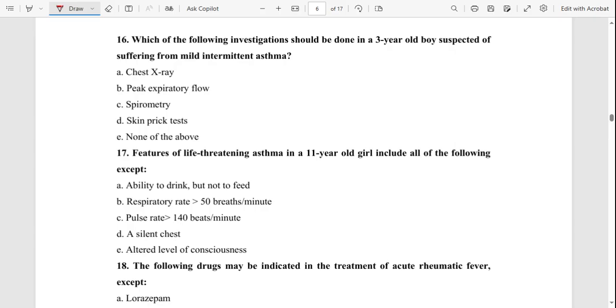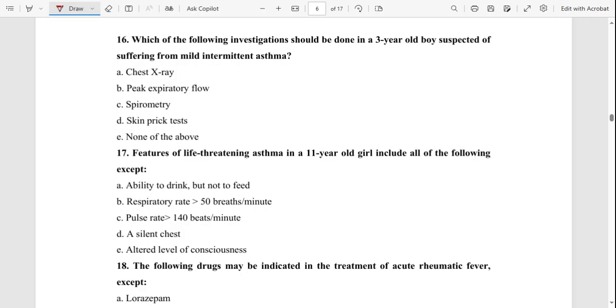Chest X-ray is not really for diagnosis of asthma. It is used to rule out other conditions that can cause difficulties in breathing, not asthma itself. Because if you do an X-ray, you might find that it's normal, but then someone has asthma.